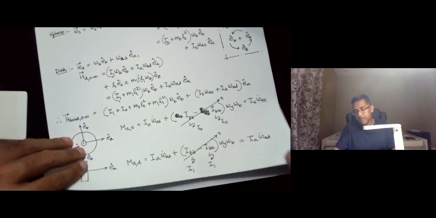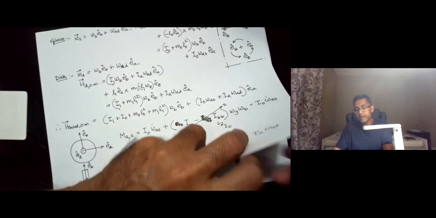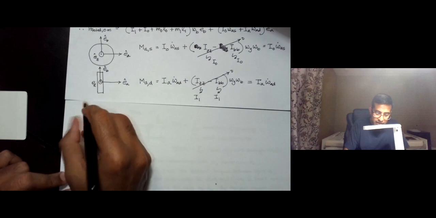Because if there is a motor that is turning the disk with respect to the sphere, then the sphere itself is experiencing an equal and opposite moment. So we implement that here.